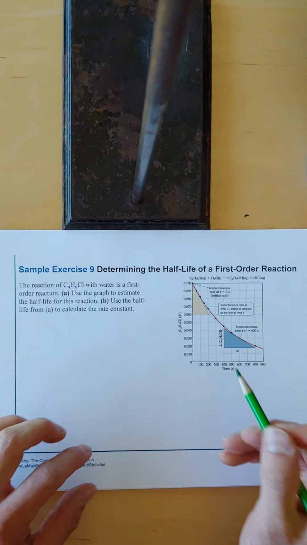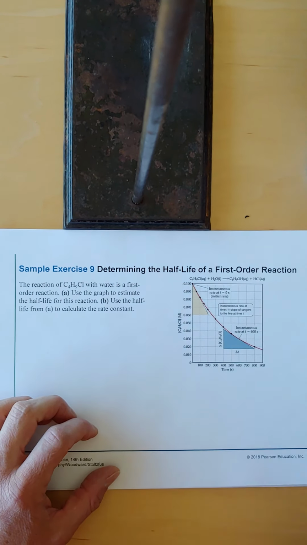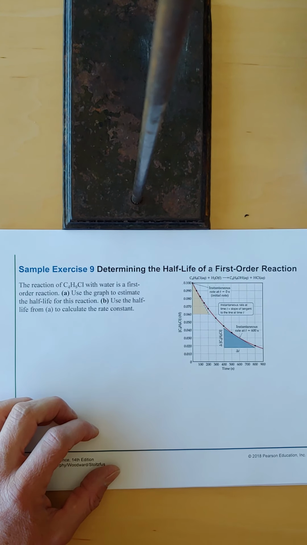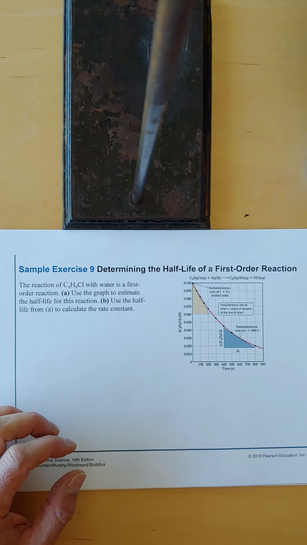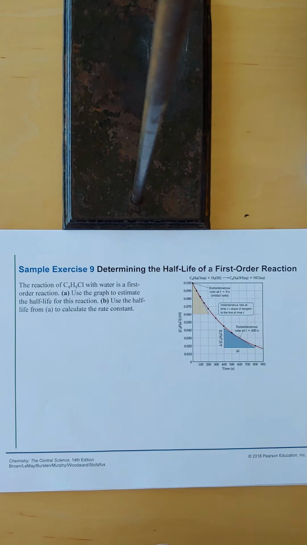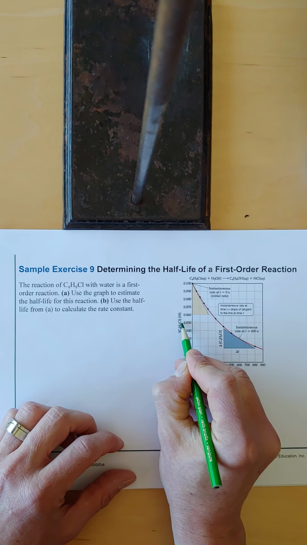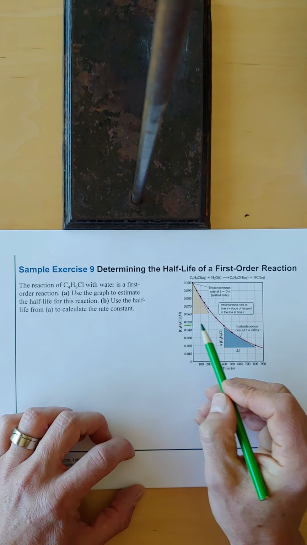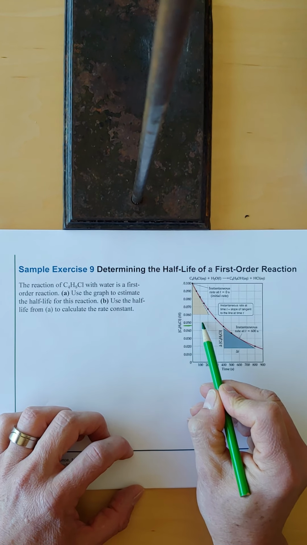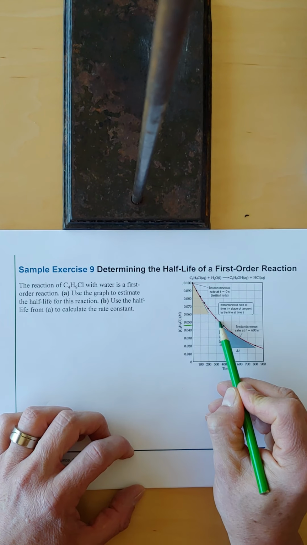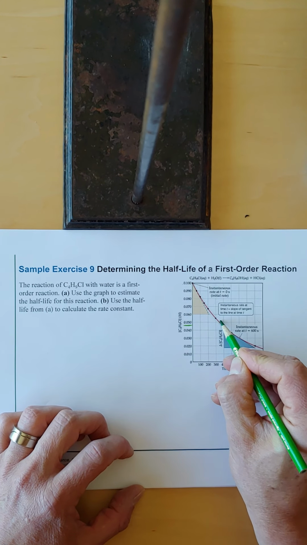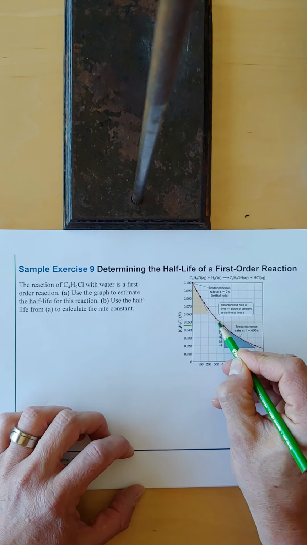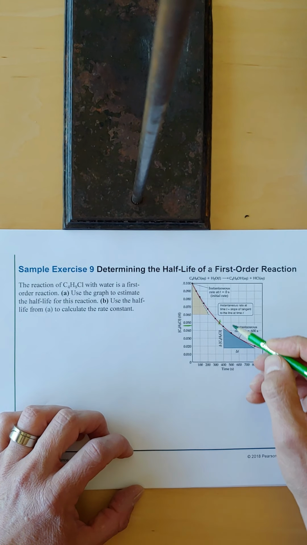If we start off with 0.1 molar concentration of our C4H9Cl, then half of that would be down here at 0.05 molar. When I have 0.05 molar, that's the point on the graph where I have a concentration of 0.05 molar.